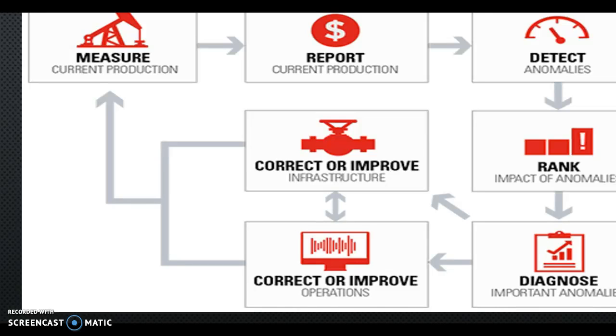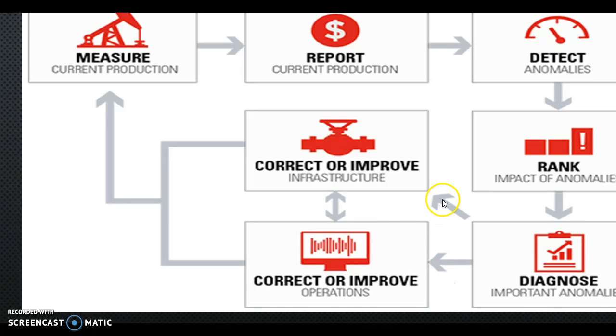You rank the impact of these anomalies. What's the biggest or the smallest? And you typically work from the top of the list down. You diagnose exactly what is causing these anomalies and start at the base process of it.